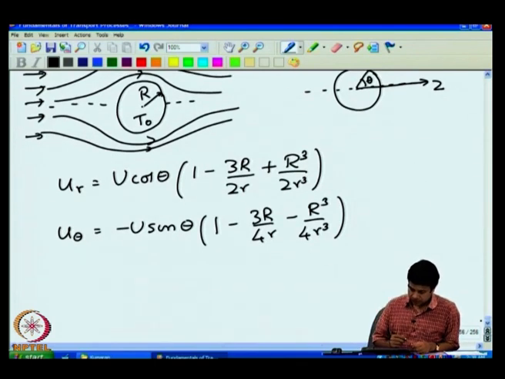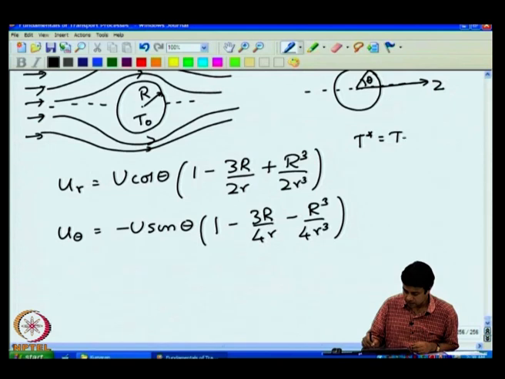Okay. So, this is a heated sphere at temperature T naught in a fluid at temperature equal to T infinity. I can define my scaled temperature as usual, T star is equal to (T minus T infinity) by (T naught minus T infinity).